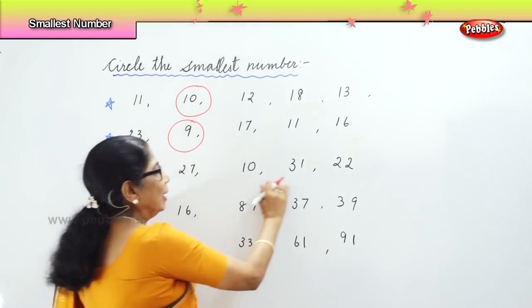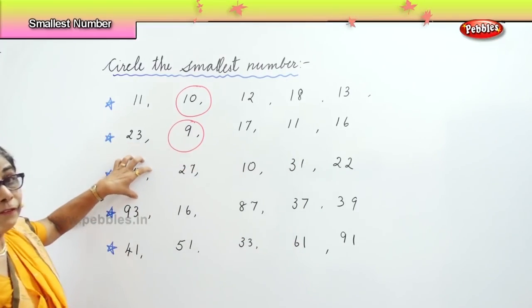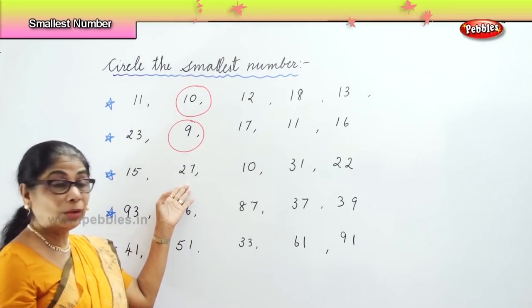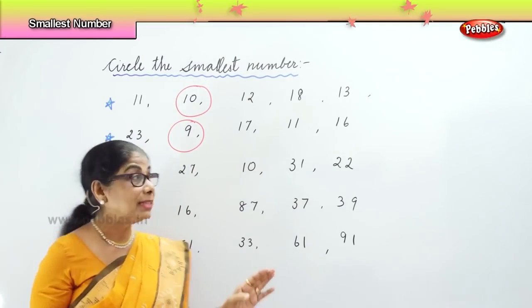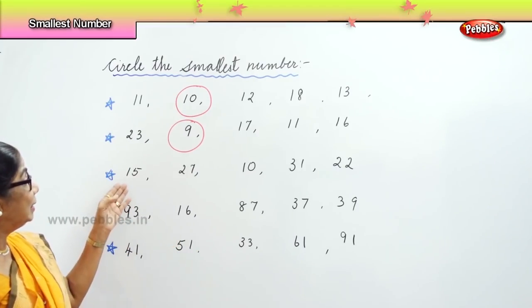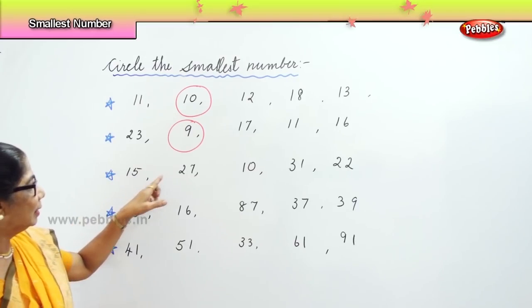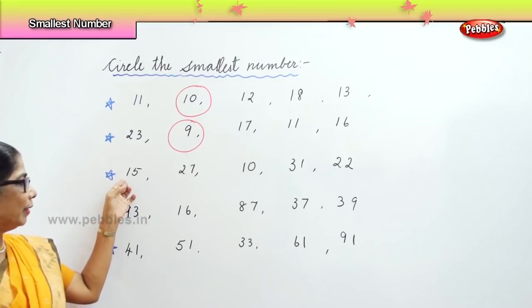Now here you have again a mix-up of numbers. You have in the 10s, 15, the 20s, that is 27 and 22, and 30s. Here you're going to identify the smallest among the 30s, 20s, 10s. Now 15, that's 1 and 5.